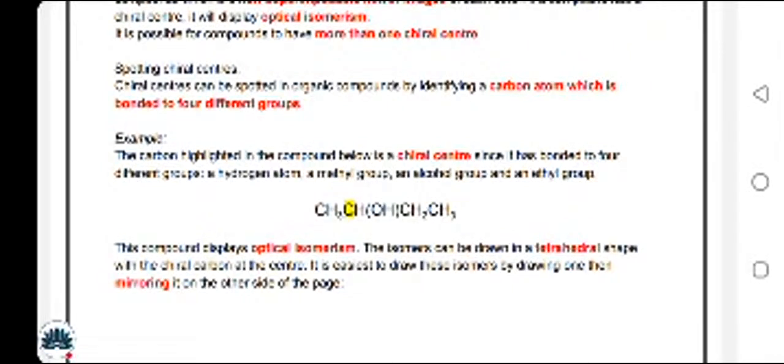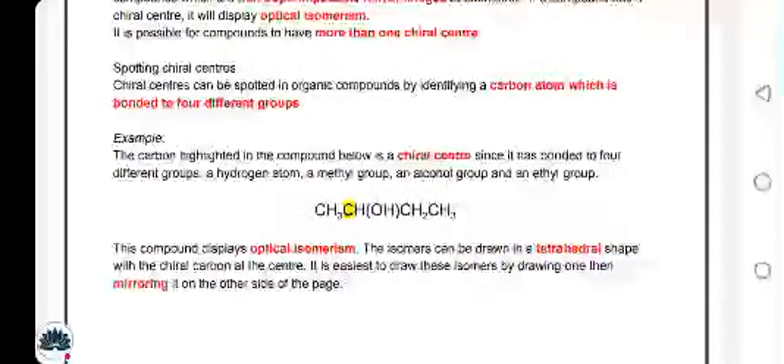So these are the four different groups bonded to this carbon atom. This highlighted carbon is called the chiral center. This compound displays optical isomerism.